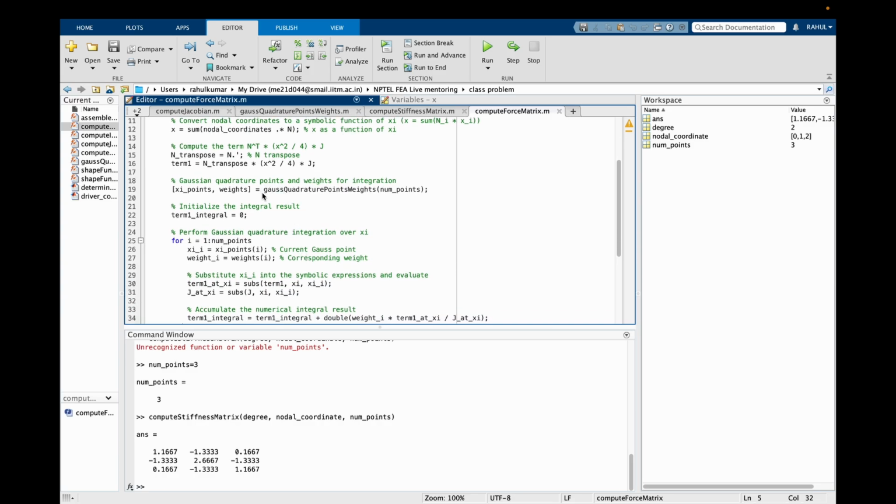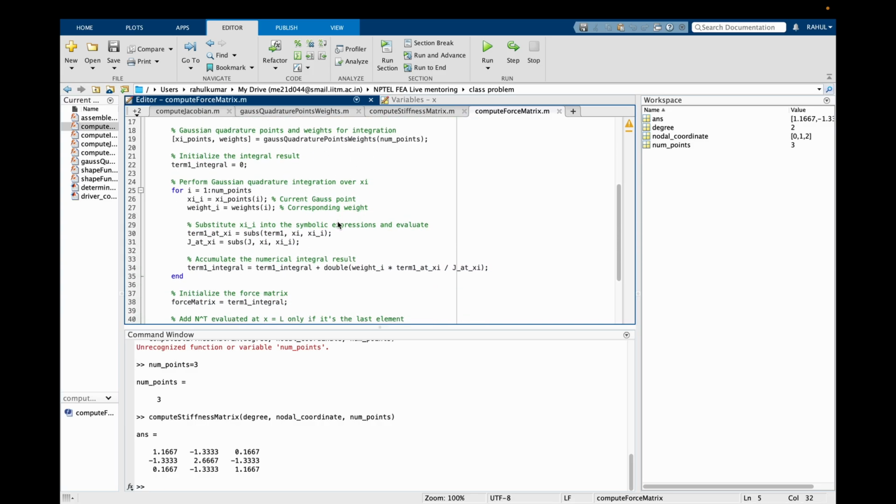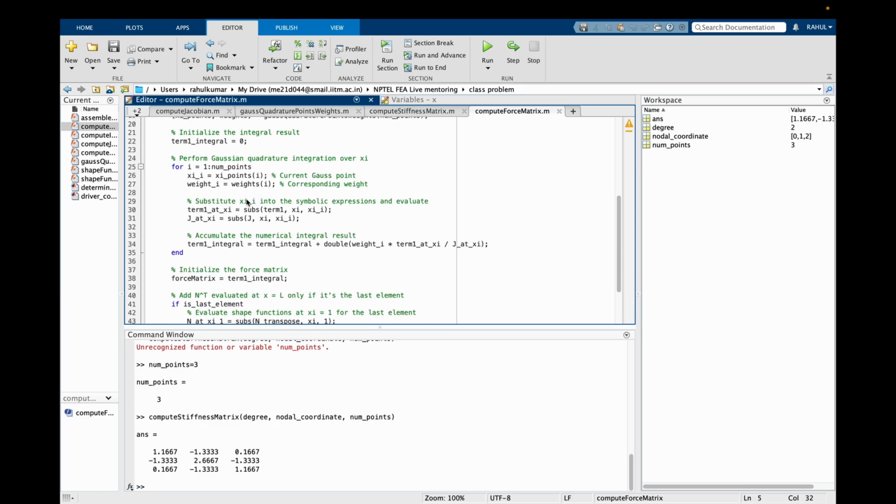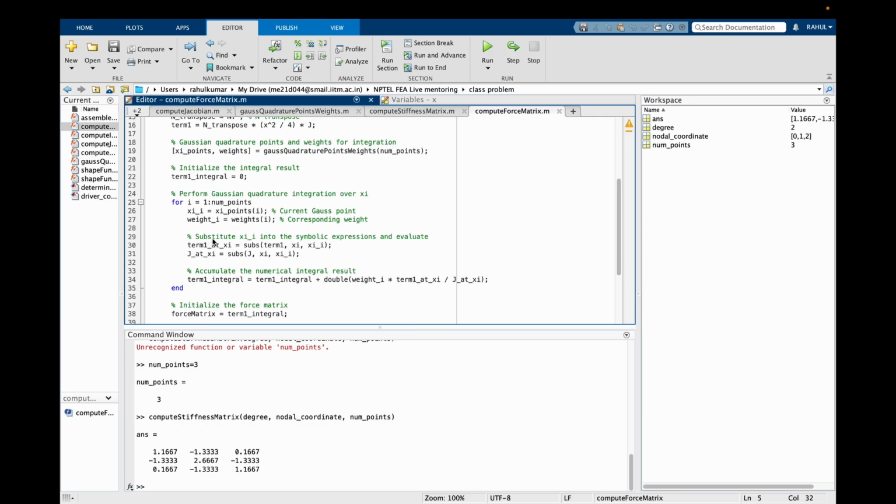And we also have to call the Gauss quadrature points. Term 1 integral I will initialize first. Now I will calculate term 1 at xi, xi means zeta, at each zeta.